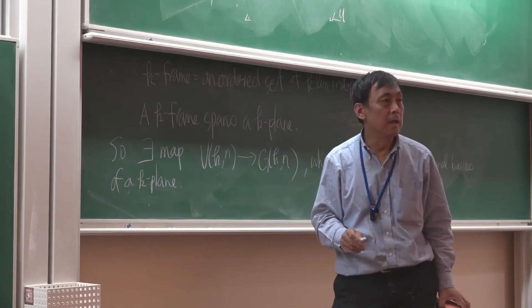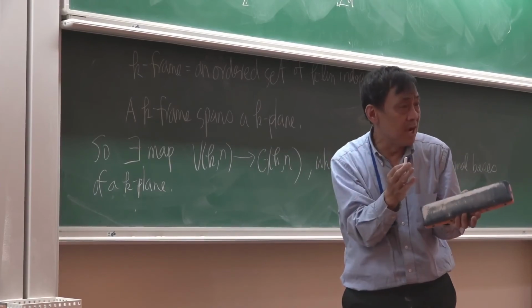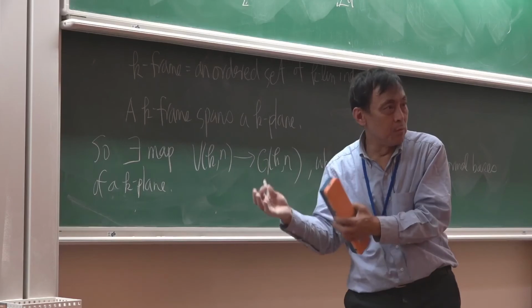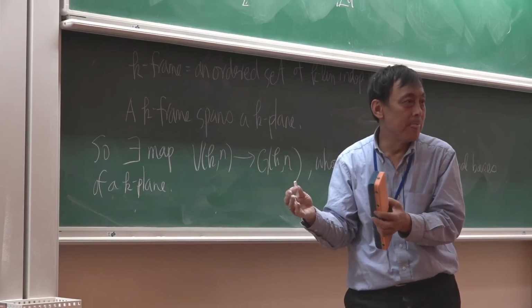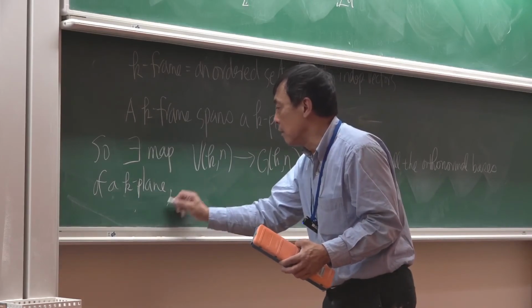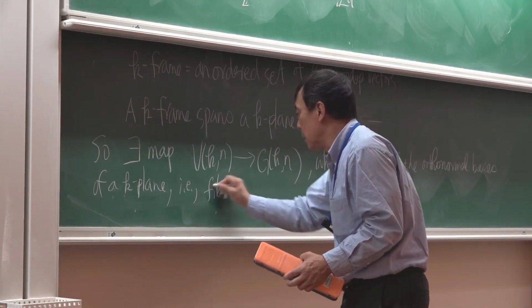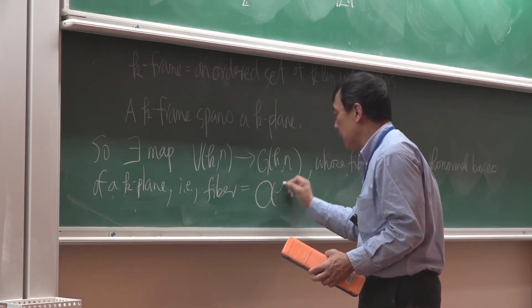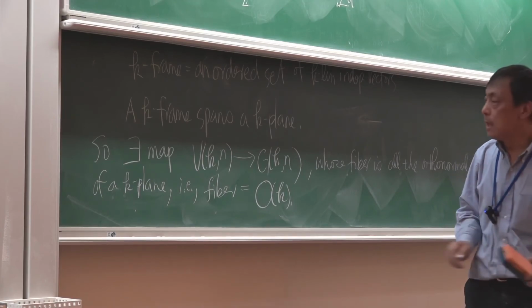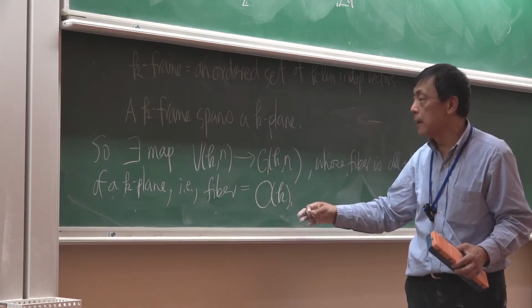And all the different bases can be obtained from each other by a K by K orthogonal matrix. And so the fiber is going to be O_K. So this will be a fiber bundle with fiber O_K.